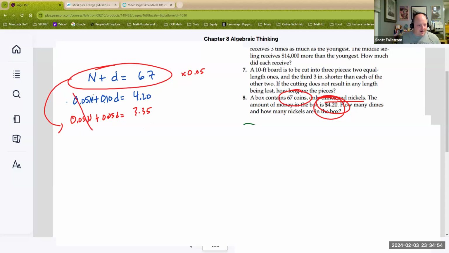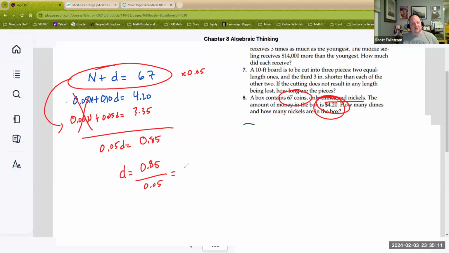And then we subtract and the n's go away. And what's left is 0.05 times the number of dimes is equal to 0.85 when you do the subtraction. And then to get d by itself, you would divide. Your end result would be 0.85 divided by 0.05. And guess what you end up with? Not a shock. You get 17.